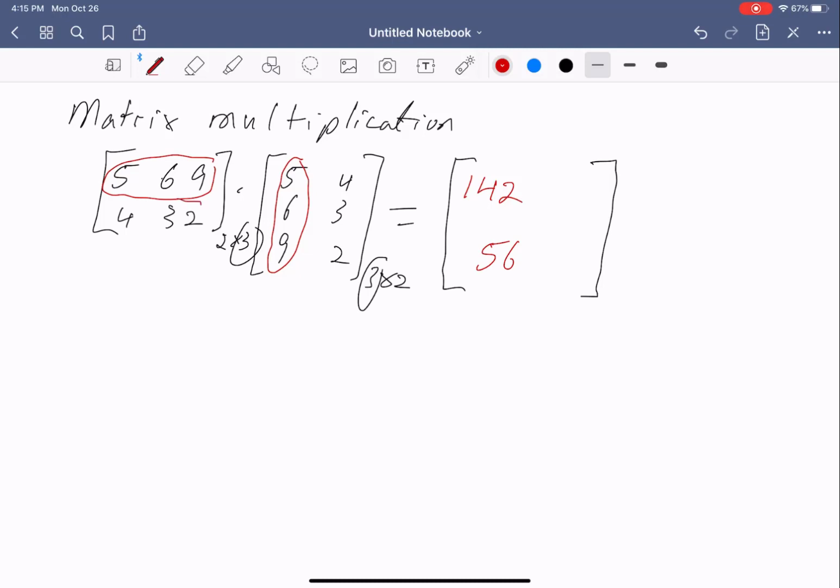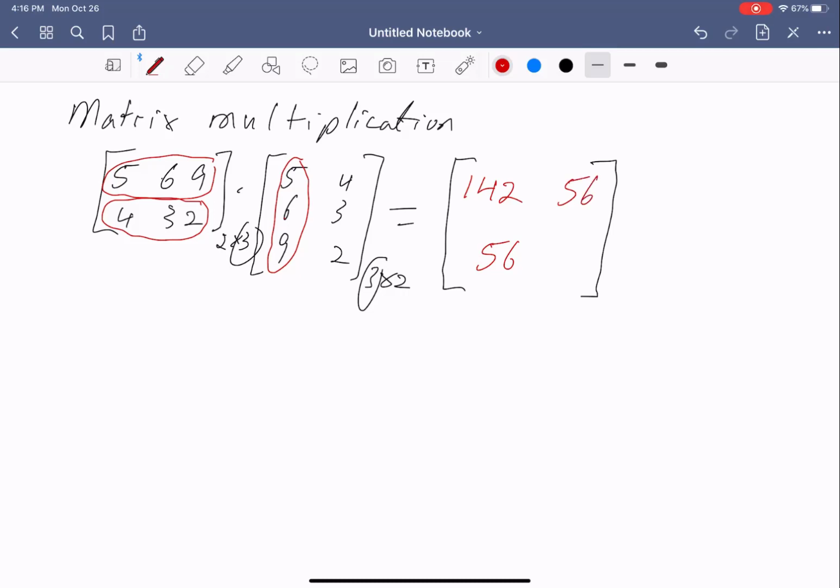Then we multiply this second row by each of these columns. So we get 4 times 5 is 20, plus 18, plus 18 again, and that gives us 56 again.